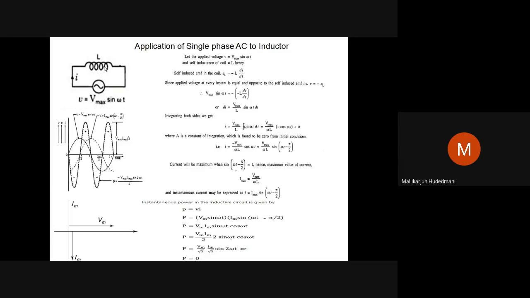So I am considering an ideal inductor connected to an alternating source of energy. Or else you can consider a group of conductors formed as an inductor with N turns. N number of turns of wire constituting an inductor of L Henry we can consider. But it is ideal. There is no loss in that.